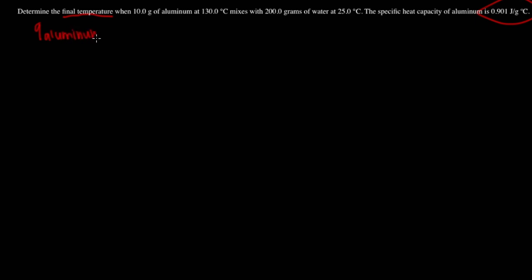So we can say that Q aluminum equals negative Q water. Because Q equals MCΔT, we can say that MCΔT of the aluminum equals negative MCΔT of the water.